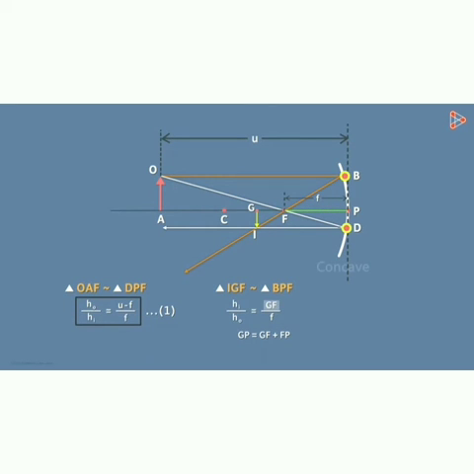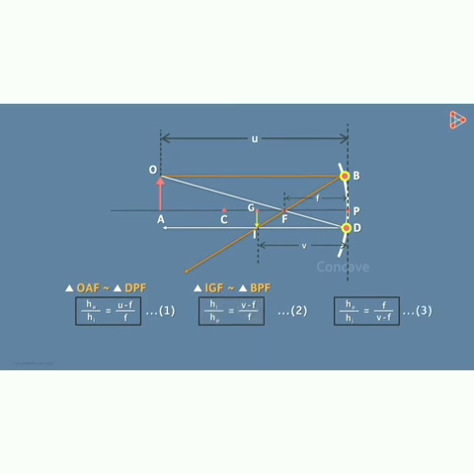We know that GP is equal to GF plus FP, so GF is equal to GP minus FP. And hence we can write it as V minus F. Let me call this equation 2.